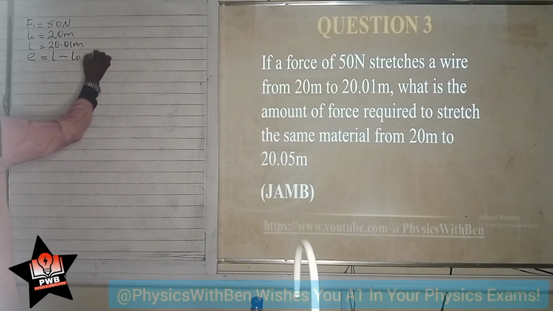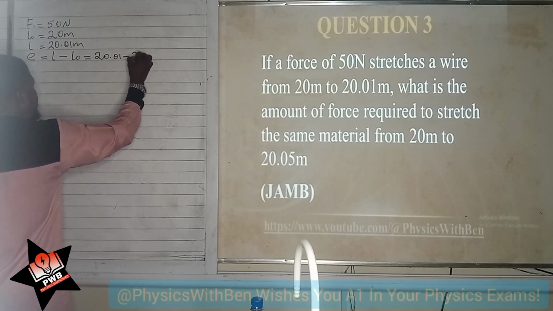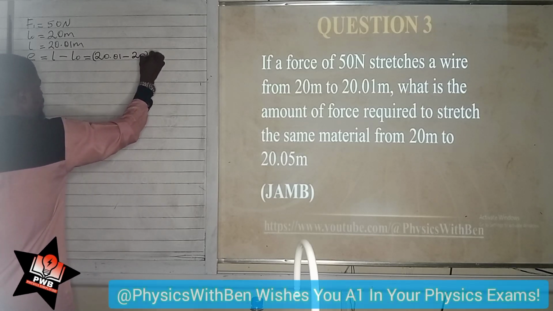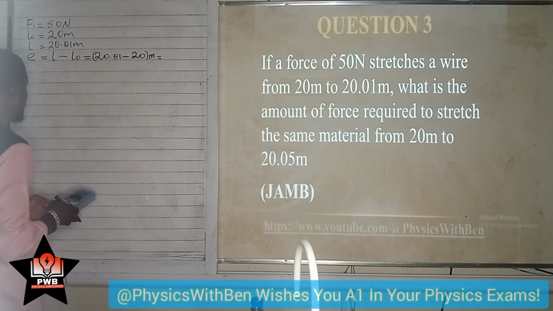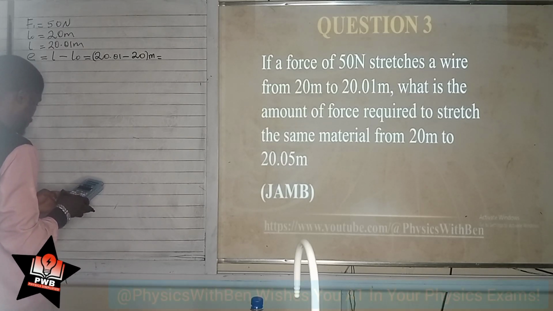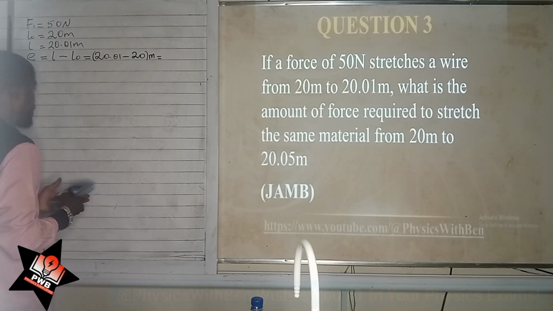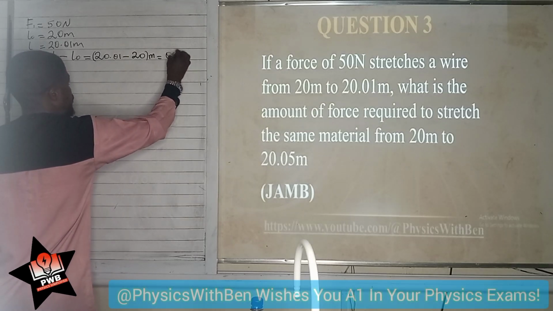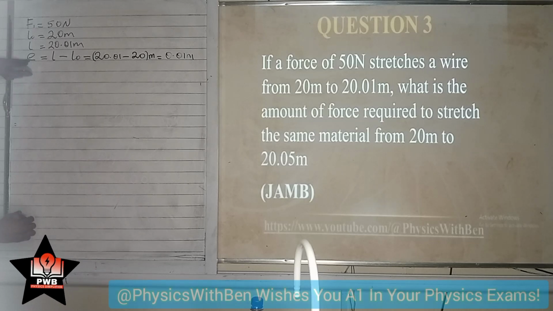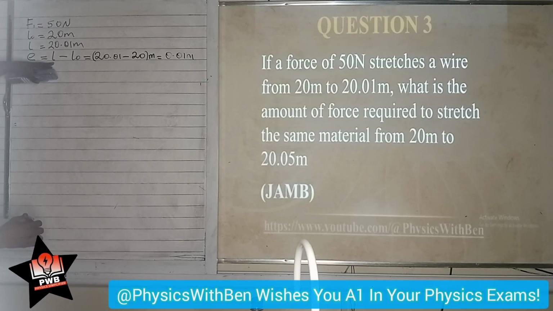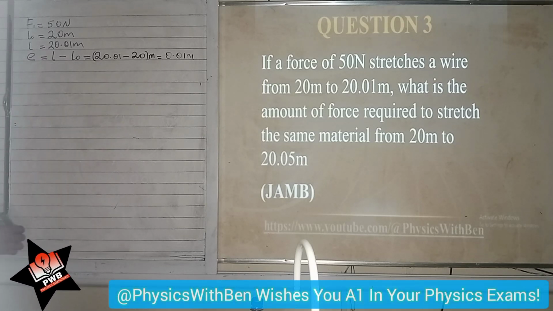And this is the same thing as 20.01 minus 20 meters. If you do that correctly, that should be 0.01, right? 20.01 minus 20. Yep, I was correct. 0.01 meters. That is the actual extension. Extension is the increase in length minus the original length.